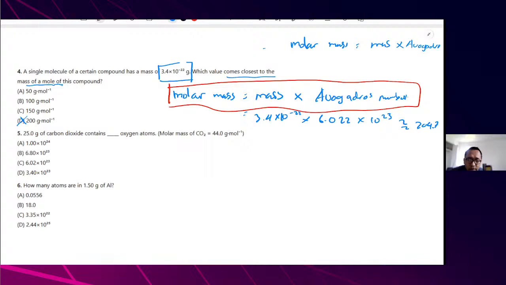Chemical equation, stoichiometry, mass and mole. Okay, there is no summary of that one.